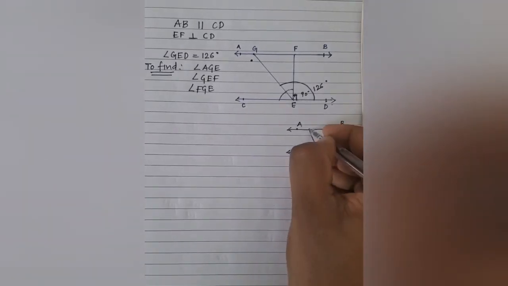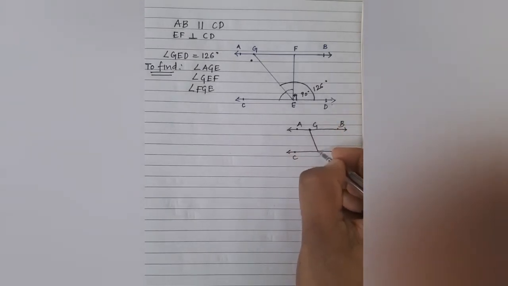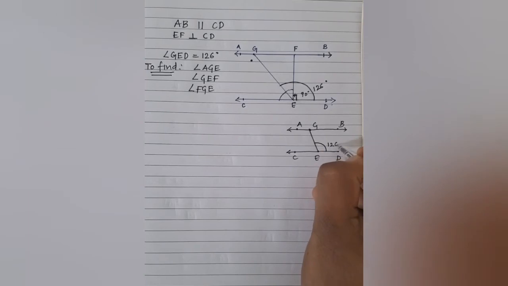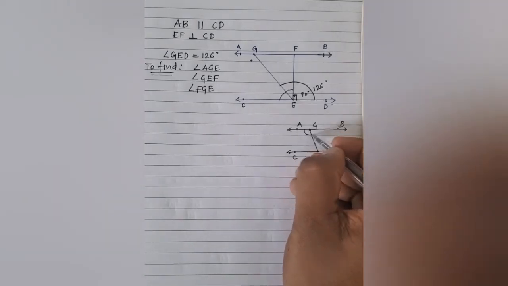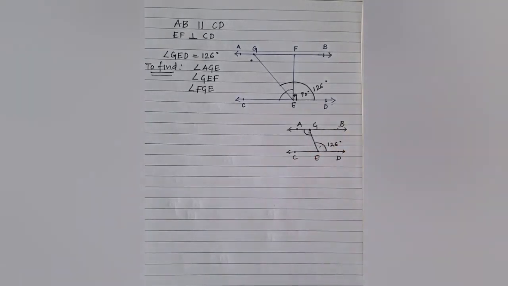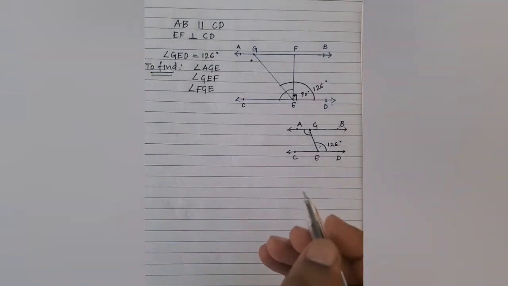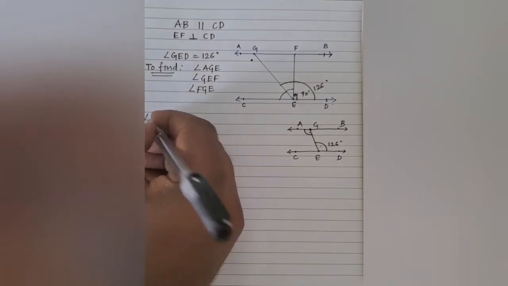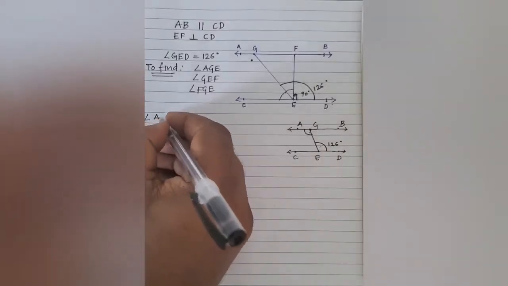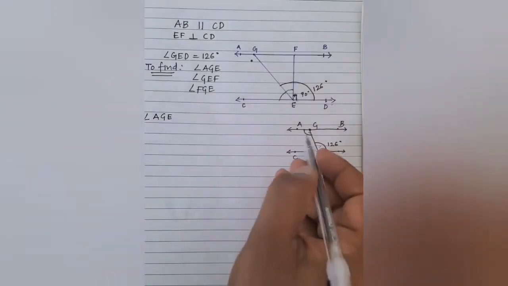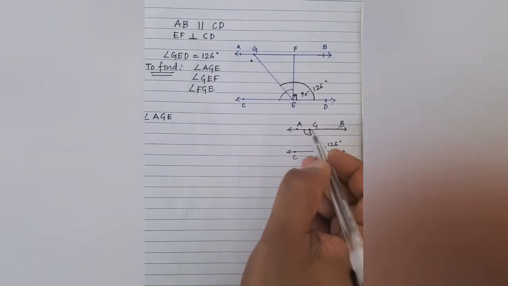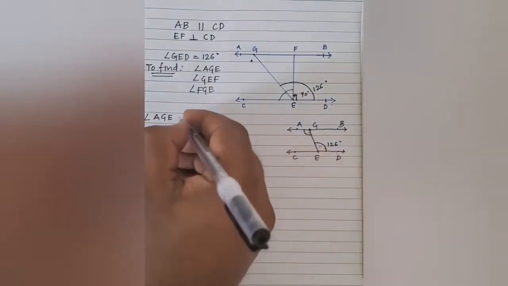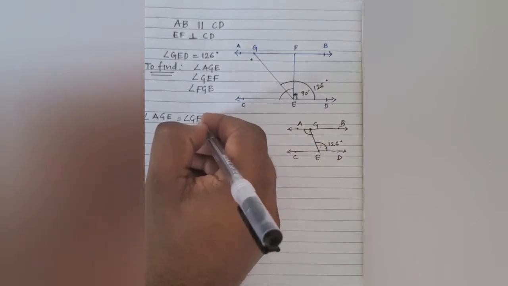And then I have got GE. Now if you see, this entire angle is given as 126 degrees. And these two form the interior alternate angles. So what I would write now is that angle AGE, which I have to find, is equal to angle GED. What's the reason?